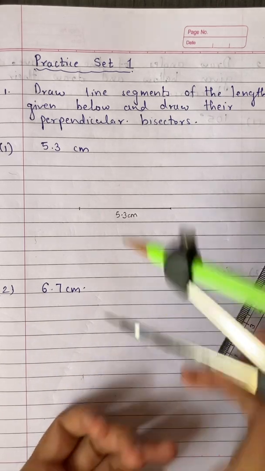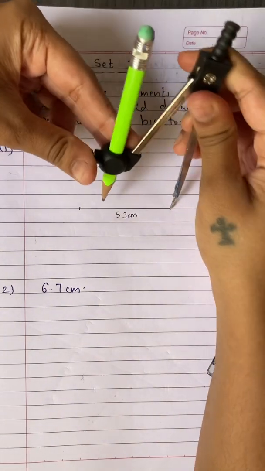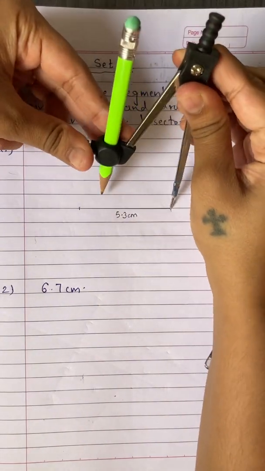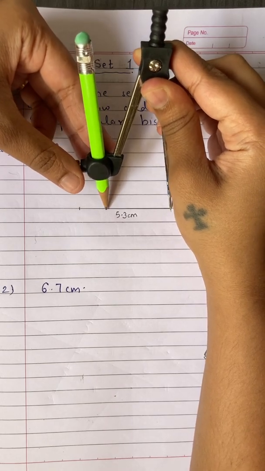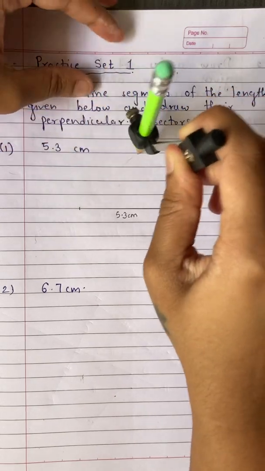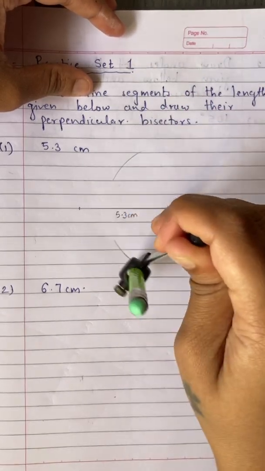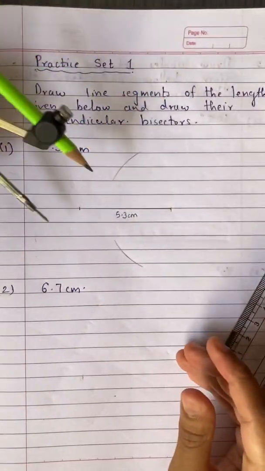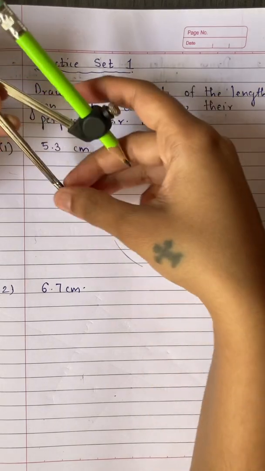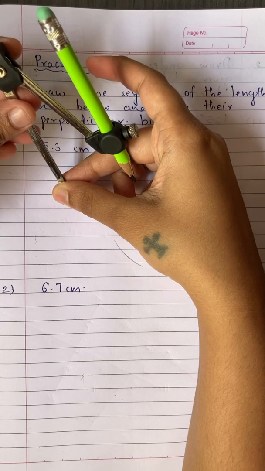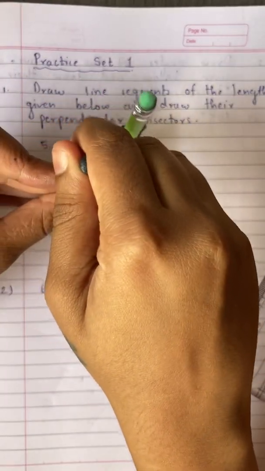Now take length which is more than half of the distance which has been given. Length has been given. So this is more than half on the compass. Now draw arc up and down. Put on another point. Draw arc again.